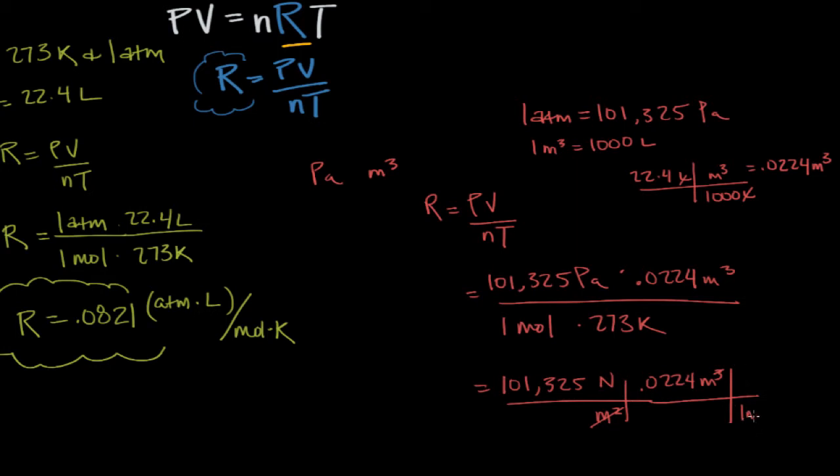Then we would add in a division by 1 mole on the bottom, and we'll finish it off by putting 273 Kelvin on the bottom.